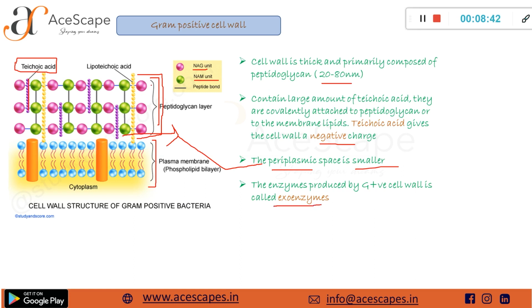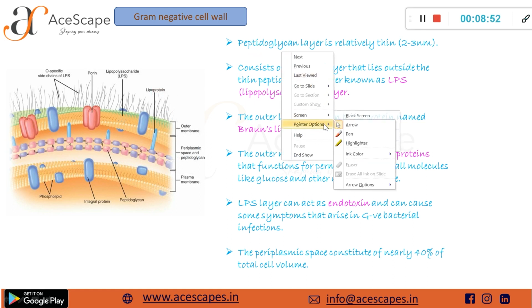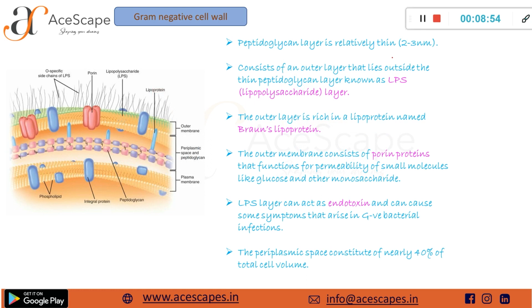Next we have the gram-negative cell wall. This is the structure of a gram-negative cell wall. The peptidoglycan layer is relatively thin, 2 to 3 nanometers.